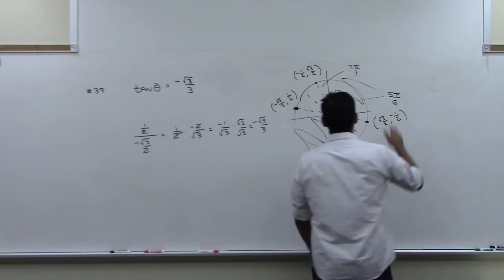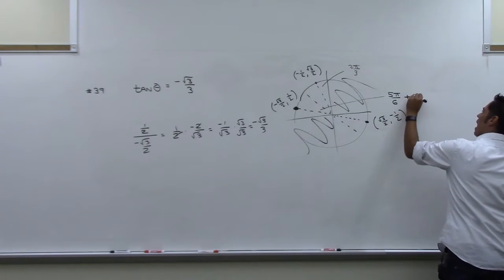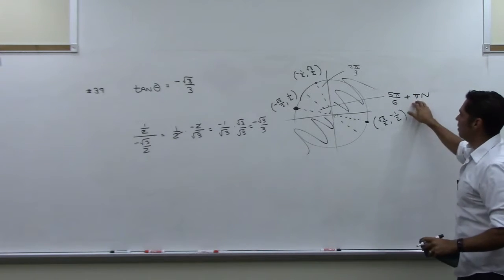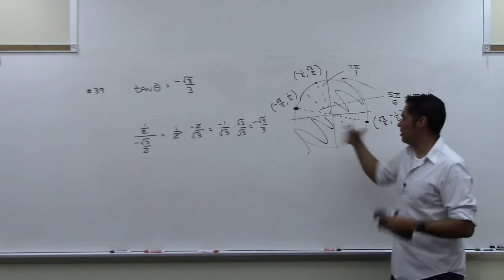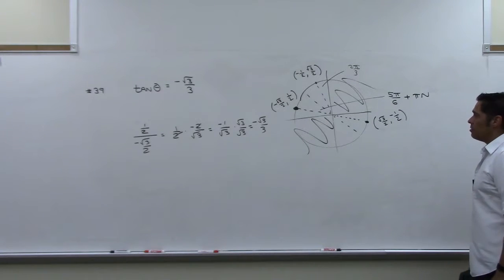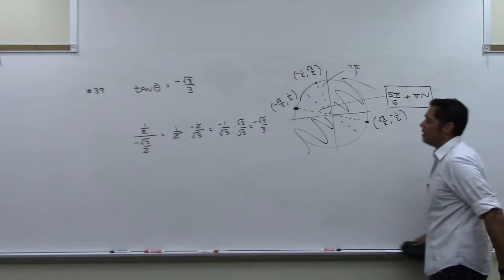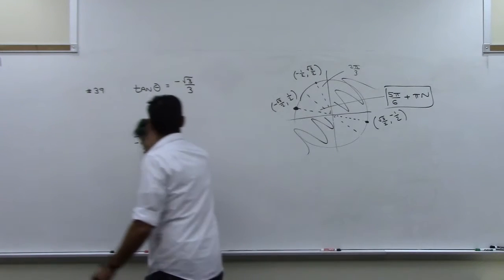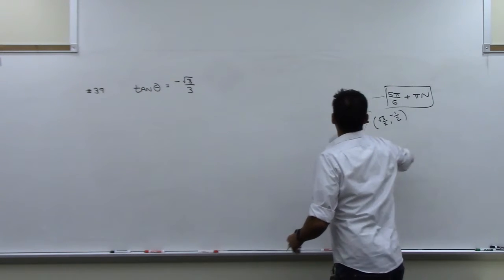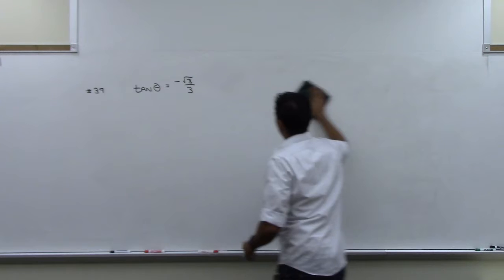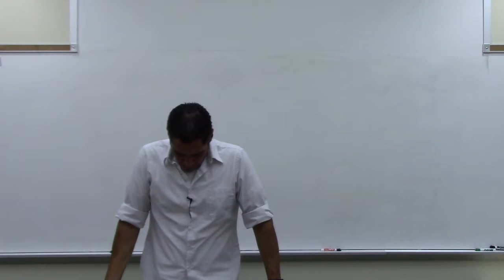But for a general solution, we can just take the 5 pi over 6 and add pi n, just go like a half rotation, half rotation, half rotation, half rotation, and we're back and get all the answers. So this is it, 5 pi over 6 plus pi n. I like that one.